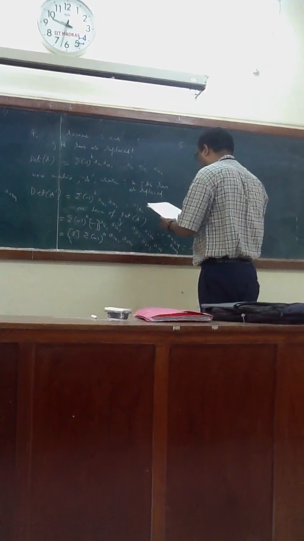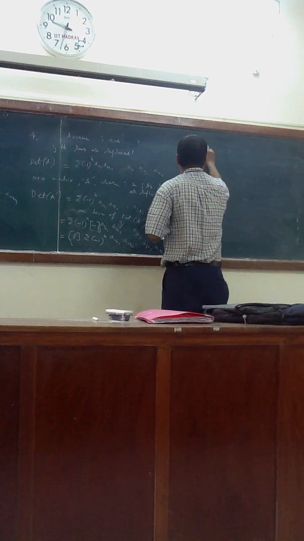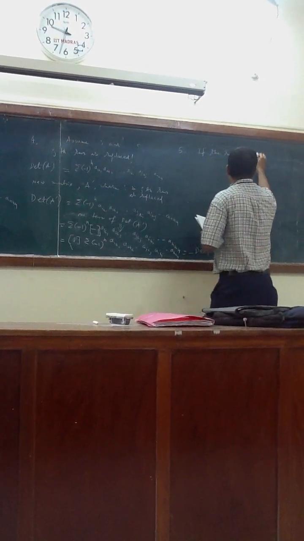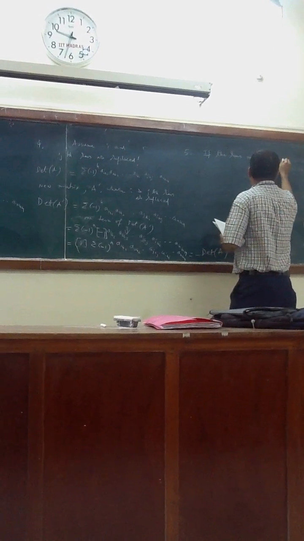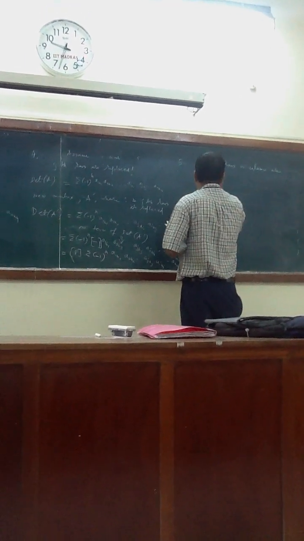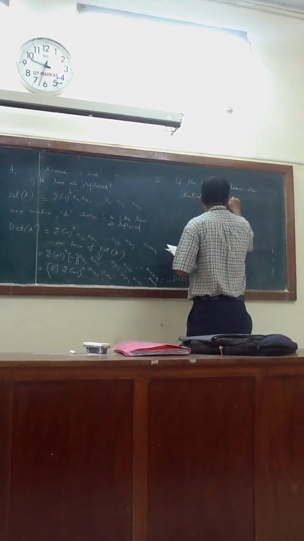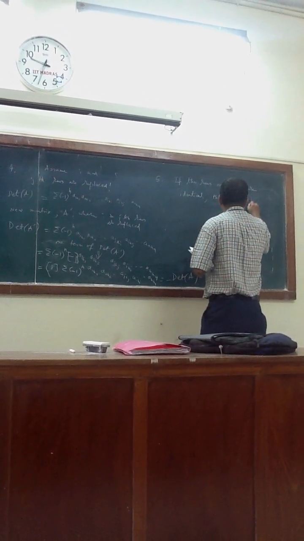If the rows or columns are identical, then determinant of A equals 0. How to prove it?